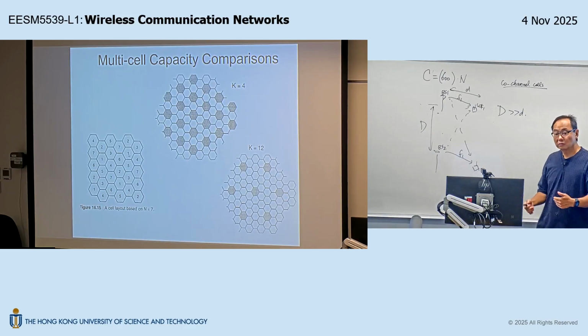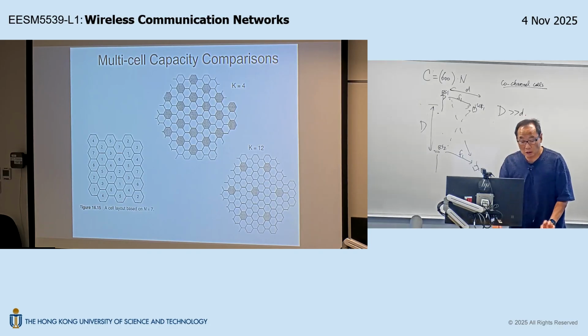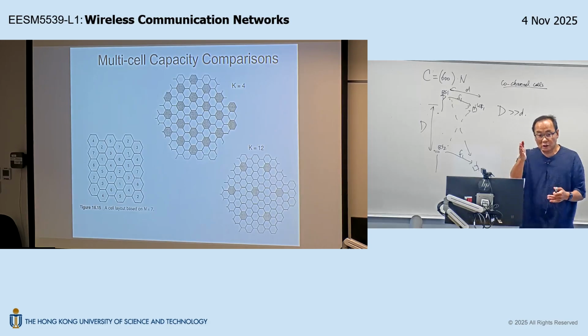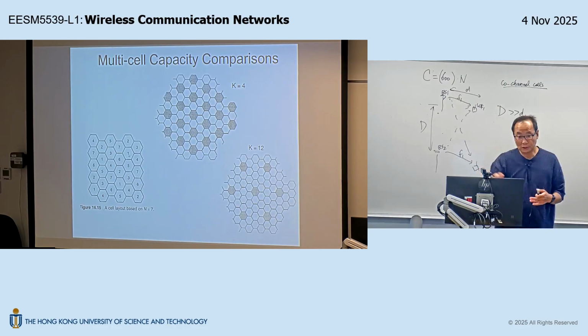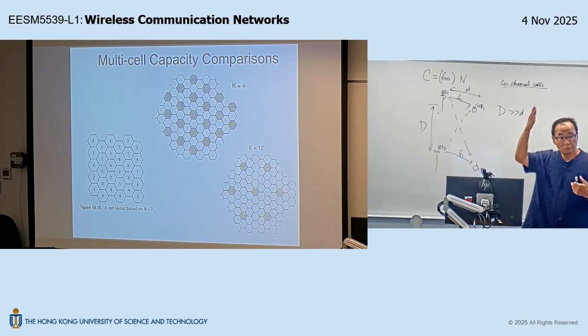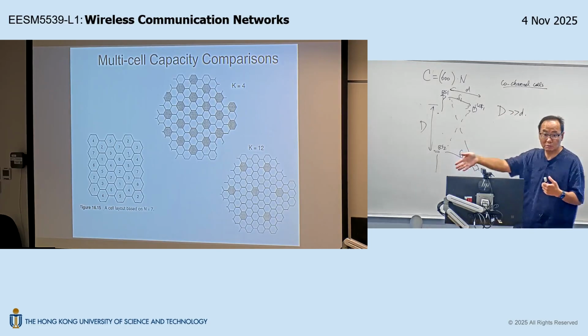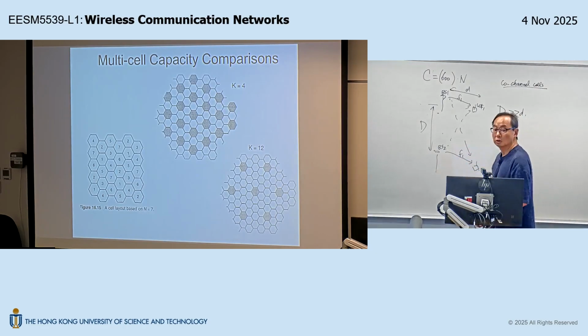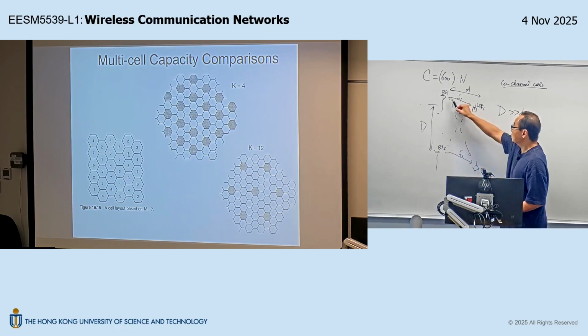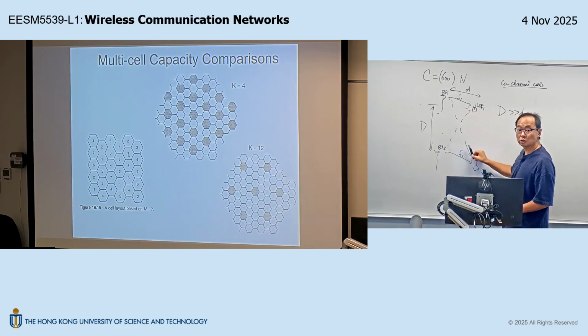If my path loss exponent is 4, let's say, then if I double my distance separation, my receive power will be reduced by 16 times, right? So my signal cannot propagate too far. That's a lot, right? So this is the distance traveled by the interfering signal, by the crosstalk.